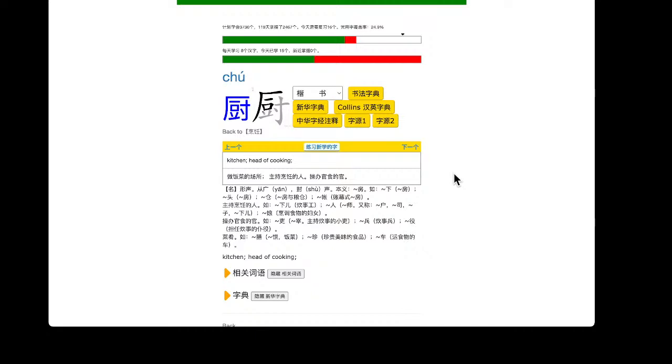And 厨子. 厨娘 is another term, that's female. And 厨兵, 厨役 mean the soldier in charge of cooking for the military unit. So that's 厨.